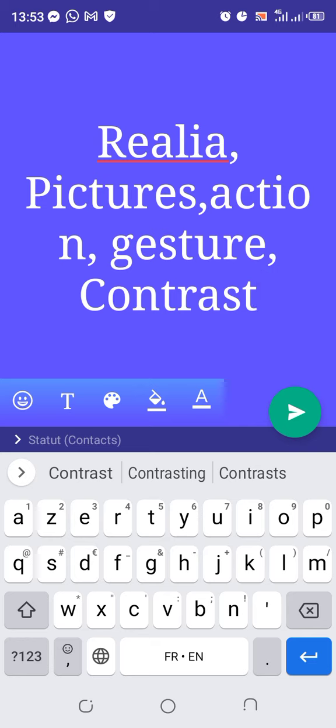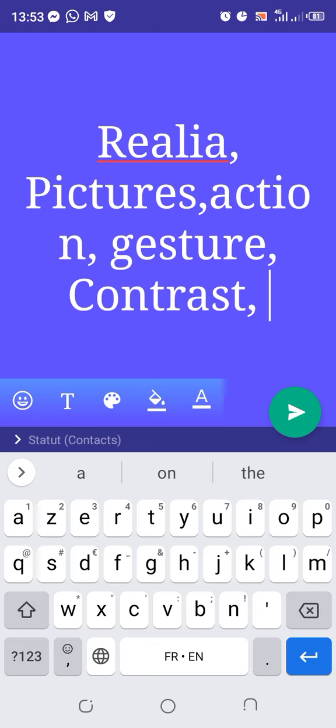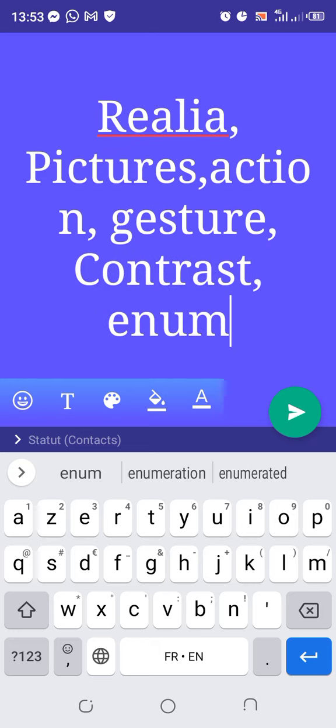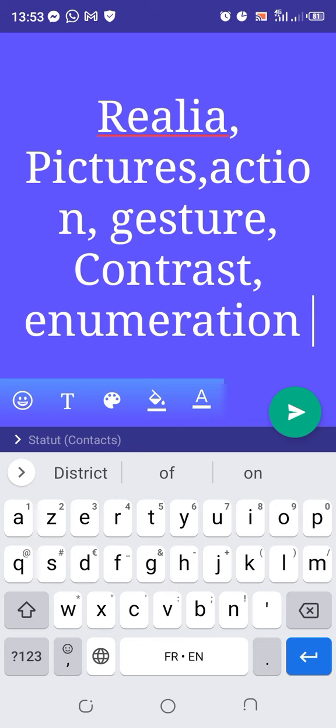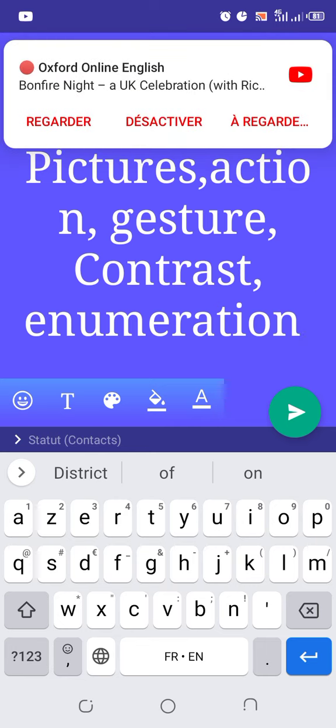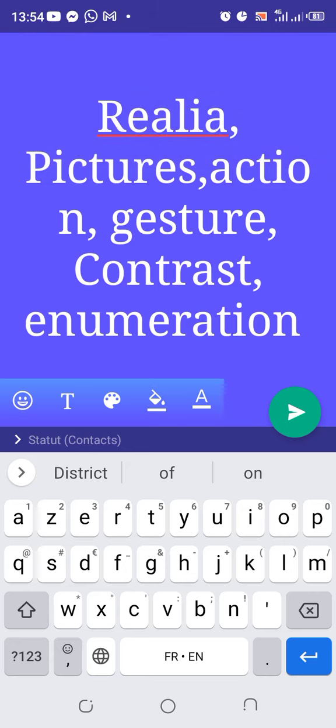After contrast, we've got enumeration. In this concept, we refer to general and specific words.